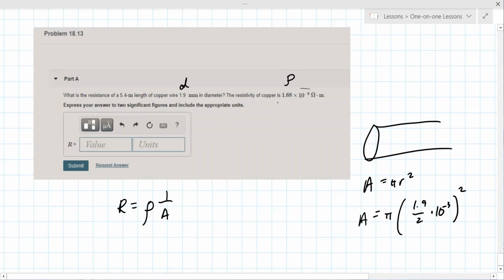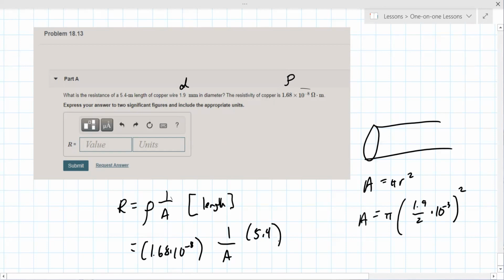The rho we have here is 1.68 times that. Now, this is for a unit, and then we have to multiply this by the length. So we have this rho value, 1.68 times 10 to the minus 8, times 1 over the A value that you're going to get, and then you're going to multiply it by 5.4.